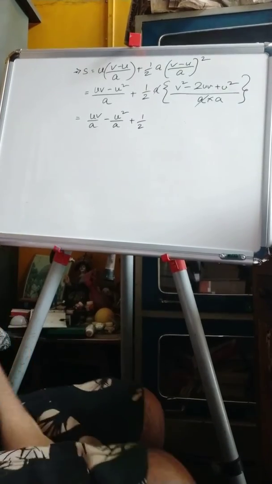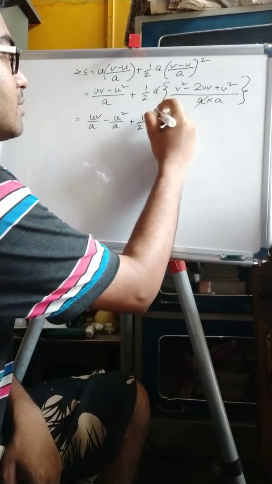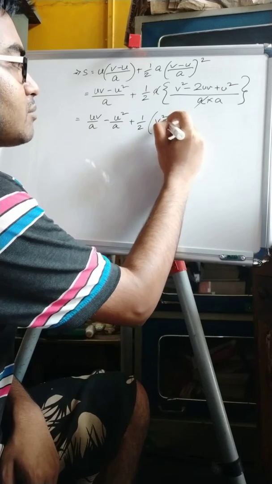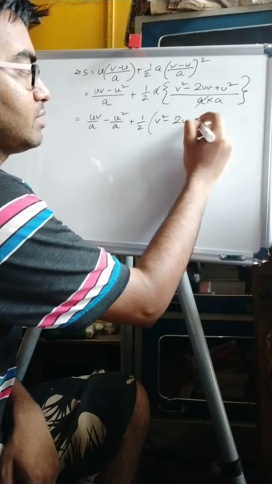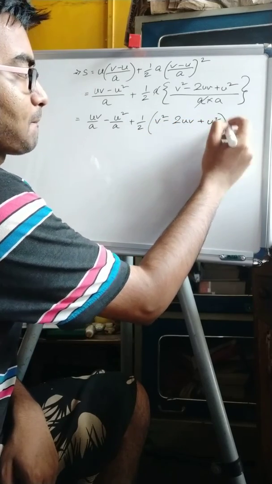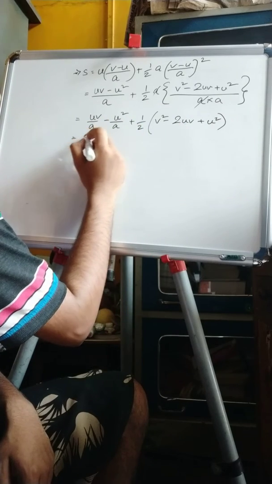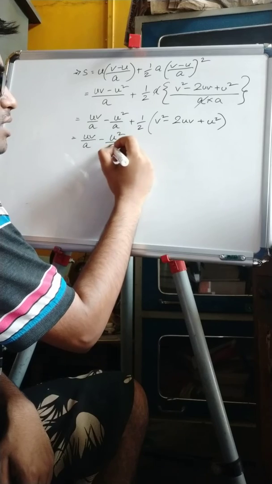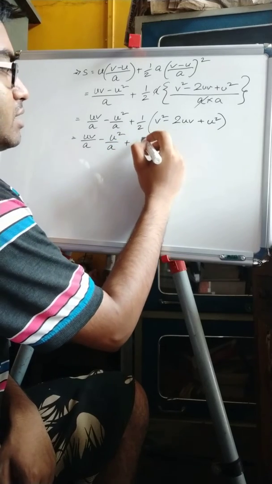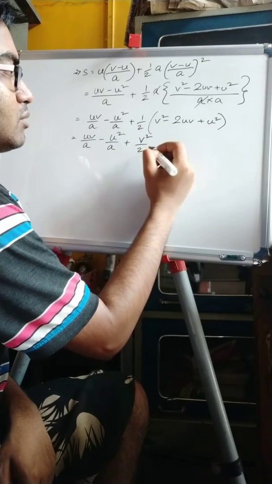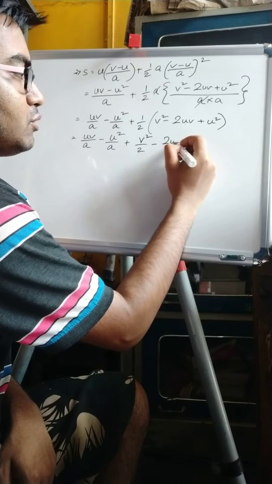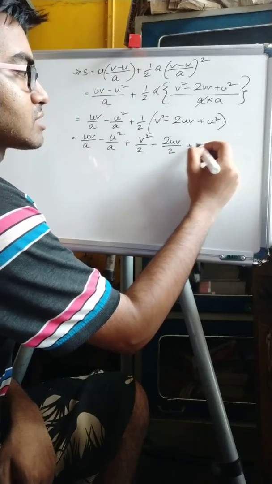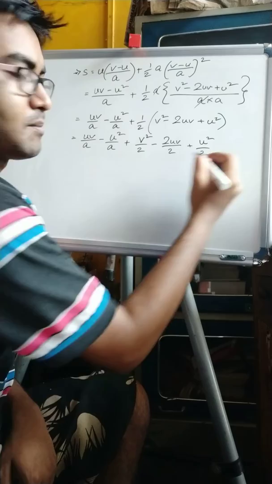So it would be half of v square minus twice of uv plus u square. Now we remove the bracket: uv by a minus u square by a plus v square by 2 minus 2uv by 2 plus u square by 2.